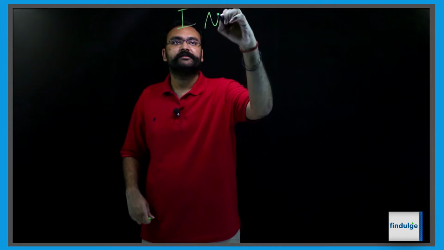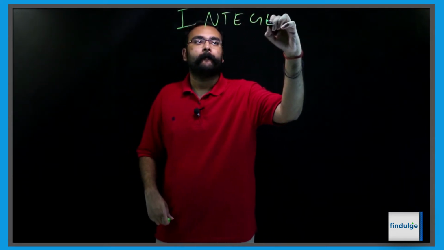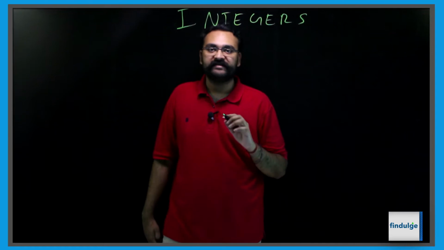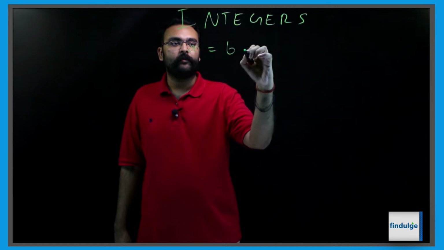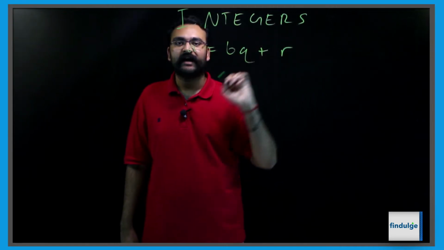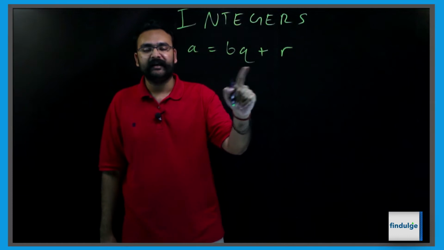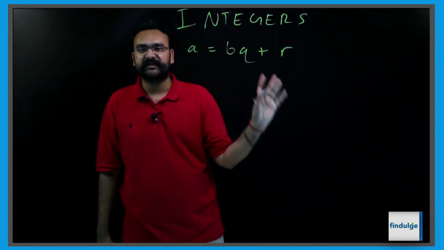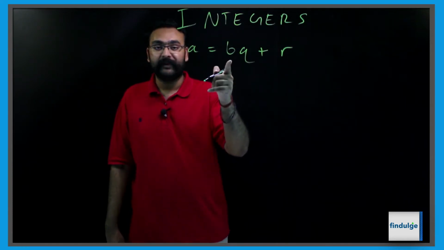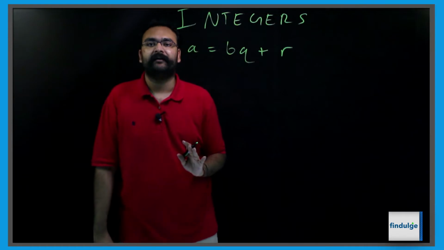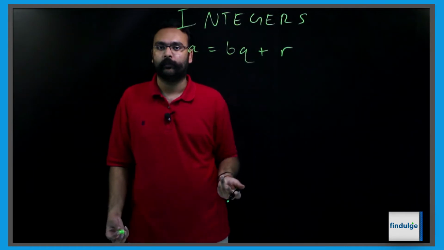So now let's see how we can use Euclid's lemma and the way we define integers to solve our questions. Now we've seen that any integer a can be represented in the form bq plus r, where a, b, q and r, we're saying for positive integers a and b, all of these should be positive numbers, with b theoretically being less than a, otherwise it doesn't make sense, q would be 0.